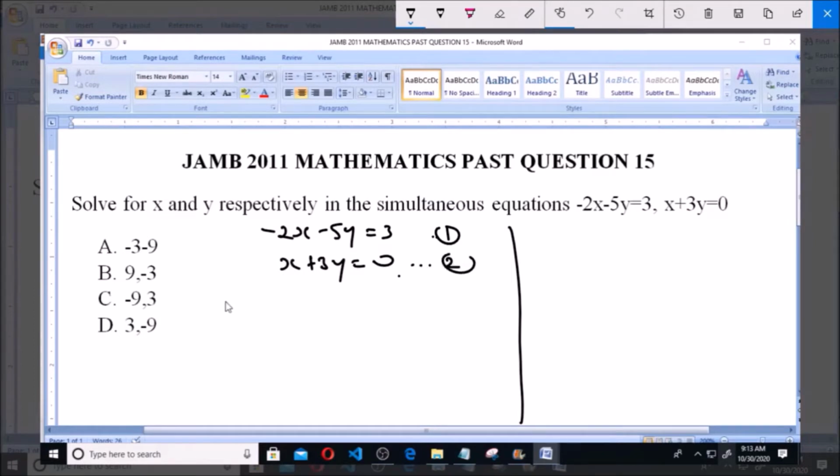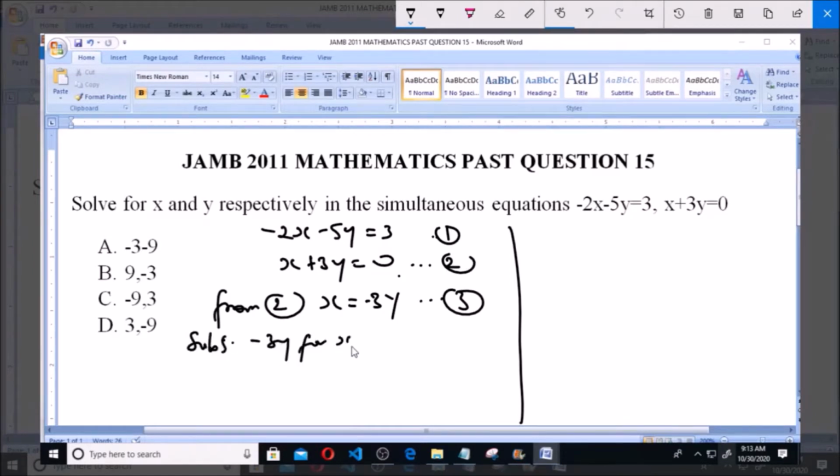Now from equation 2, we can say that x is equal to minus 3y. Let's call this equation 3. Since x is equal to minus 3y, we can substitute minus 3y for x in equation 1. Wherever we see x in equation 1, we represent it as minus 3y.